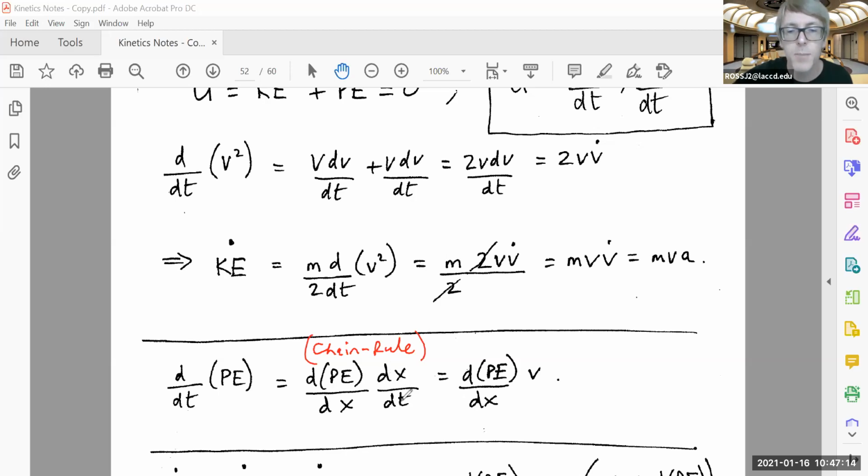Well, we know that dx by dt is velocity, the change in position dx per unit time. So we have this expression now for the change in potential energy. Okay. So now we're going to plug it back in. We'll see what we have. So let me scroll down.